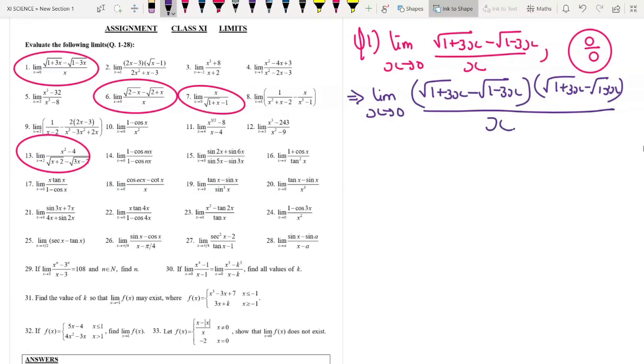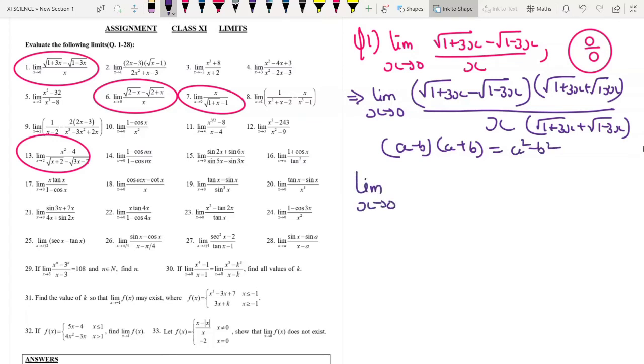So ideally again in the numerator we have type a minus b, and it has to be, just a second, so this is a square minus b square. It is of the nature 1 plus 3x.